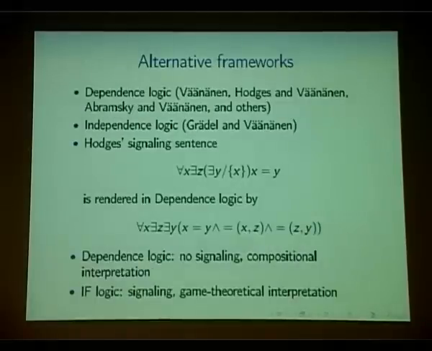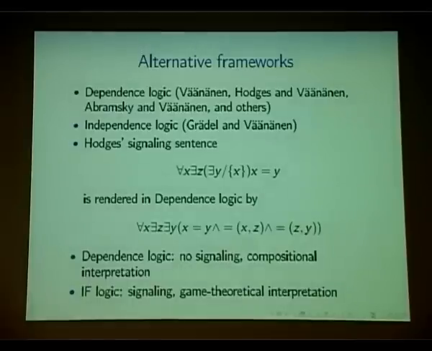In this context, perhaps it's good to mention some other frameworks which have been developed for that, which have perhaps been presented also to this audience, and that is the dependence logic of Väänänen. Väänänen published the book Dependence Logic in 2007, which inspired work by Hodges and Väänänen, Abramsky and Väänänen, and others.